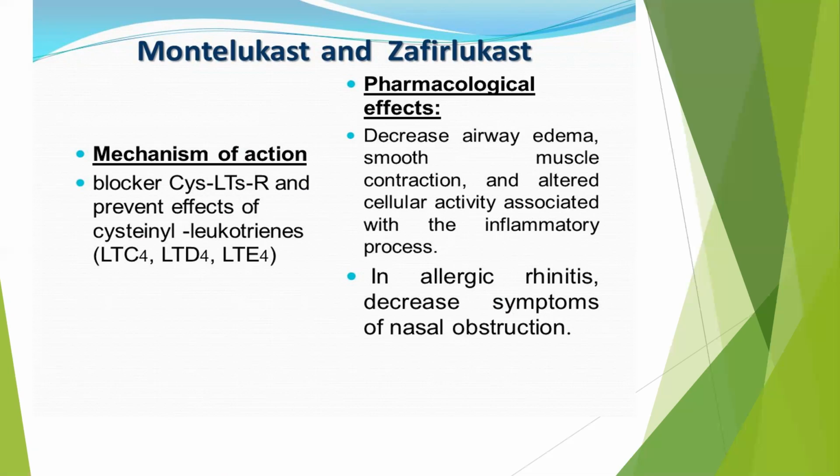Pharmacological effects: decrease airway edema, smooth muscle contractions, and altered cellular activity associated with the inflammatory process. In allergic rhinitis, they decrease symptoms of nasal obstruction, which is the pharmacological effect of montelukast and zafirlukast.